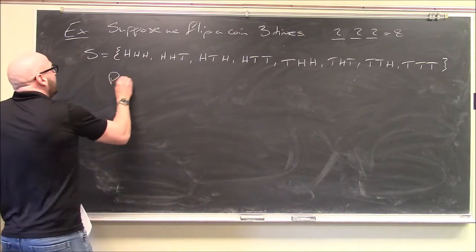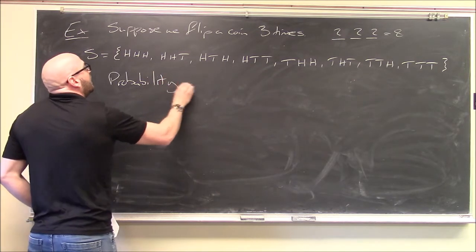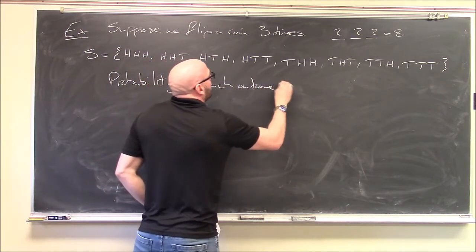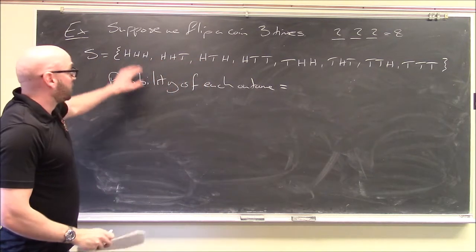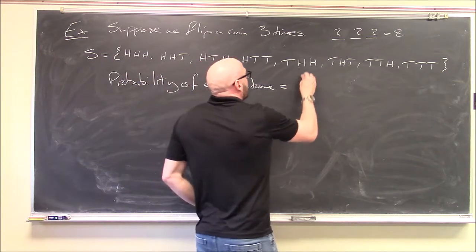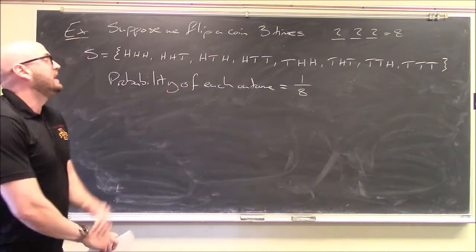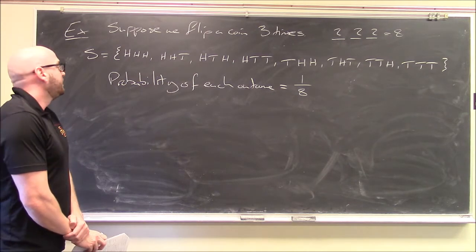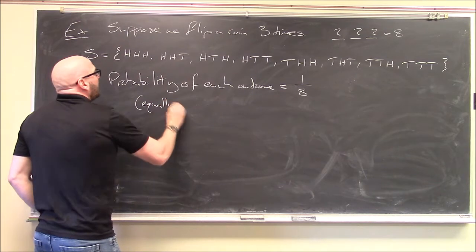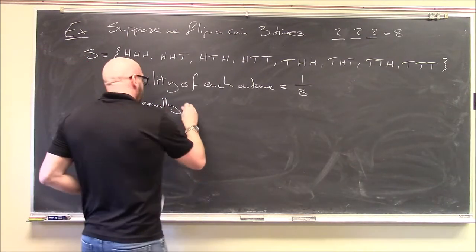So we'll assume that the probability of each outcome, the probability of heads, heads, heads, probability of heads, heads, tails, and so on, would be 1/8, because there are 8 total possible outcomes. Each one should be equally likely, so 1/8. And by the way, when you assume that every single outcome is equally likely, this is usually called the equally likely assumption.